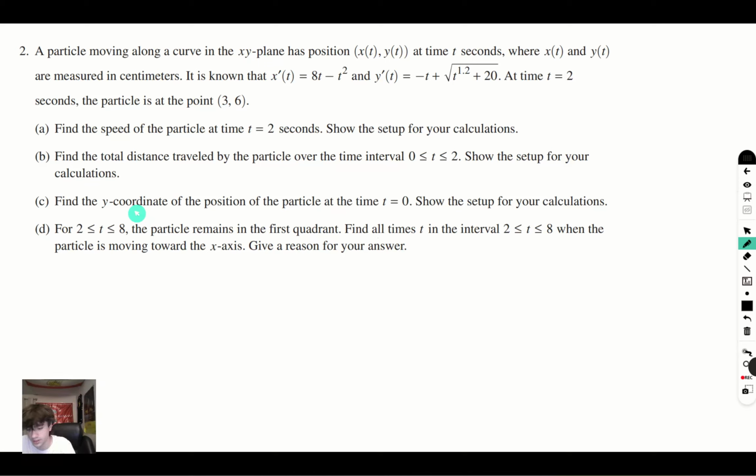So here we'll do math 9, find the difference in position from 0 to 2 of negative x plus the square root of x to the 1.2 plus 20 dx.